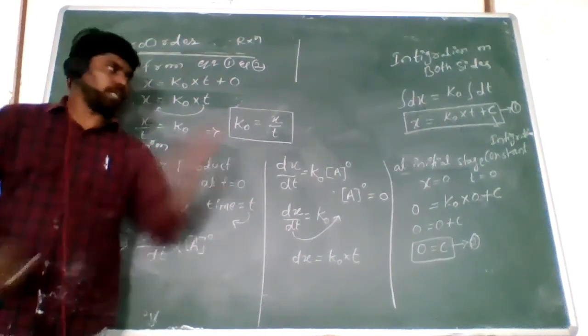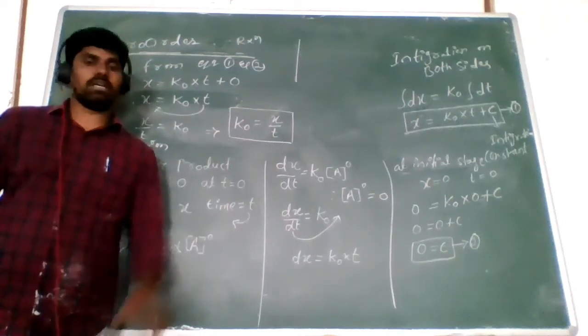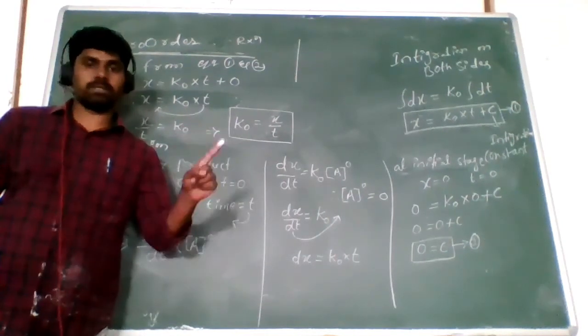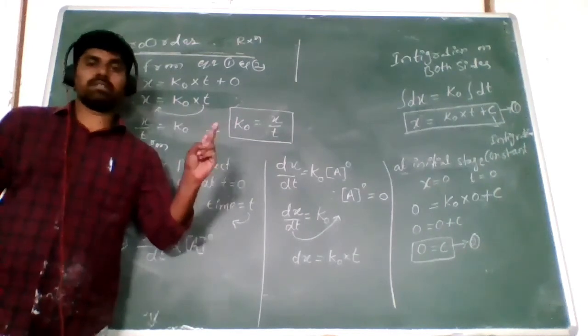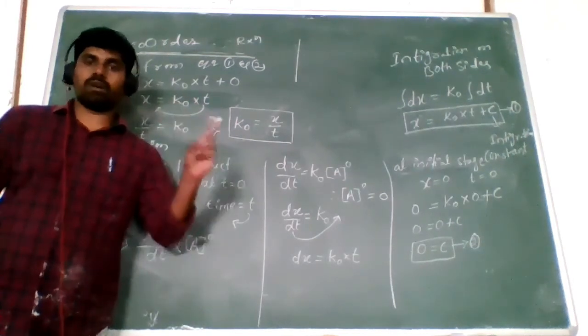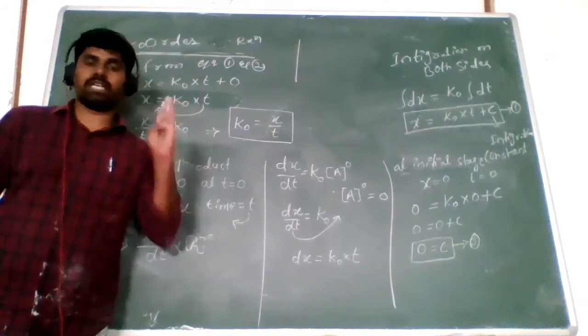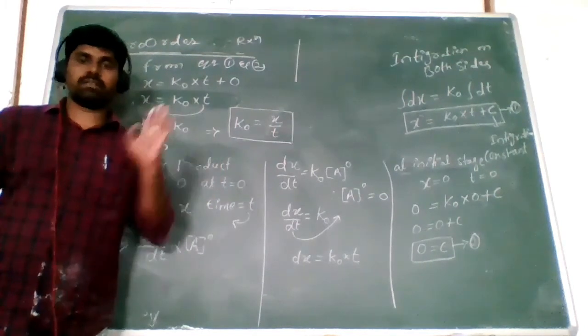First, it is the sum of the powers of the concentration terms. That is the definition. Second, it is zero, a whole number, or a fraction. Third, we can find it by the experimental method. So those are the points.